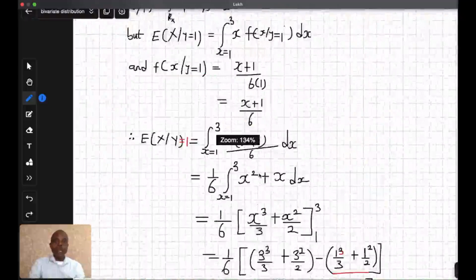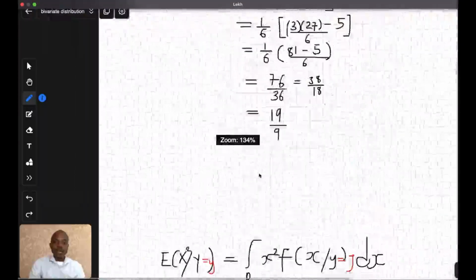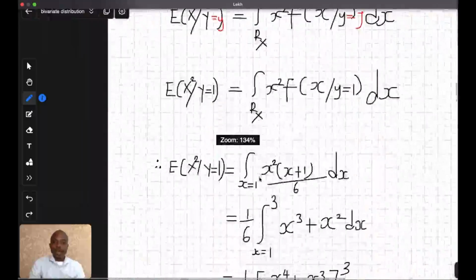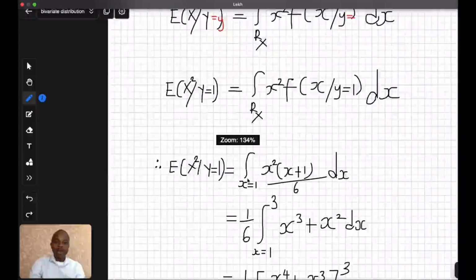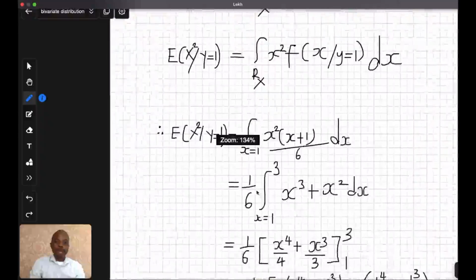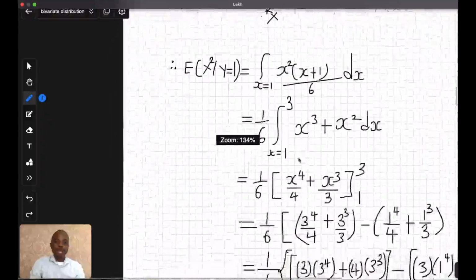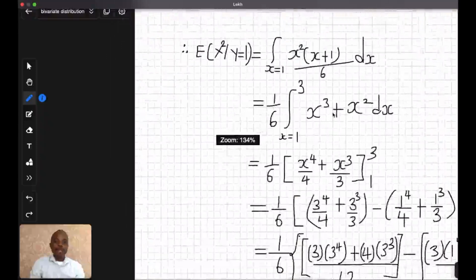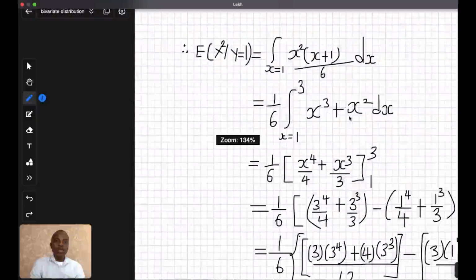Now, we are multiplying this by x squared. Don't forget how the expected value of x squared is obtained: x squared multiplies f of x given y equal to 1. By doing that, we bring 1 over 6 outside. So that will give us 1 over 6 multiplied by x cubed plus x squared.